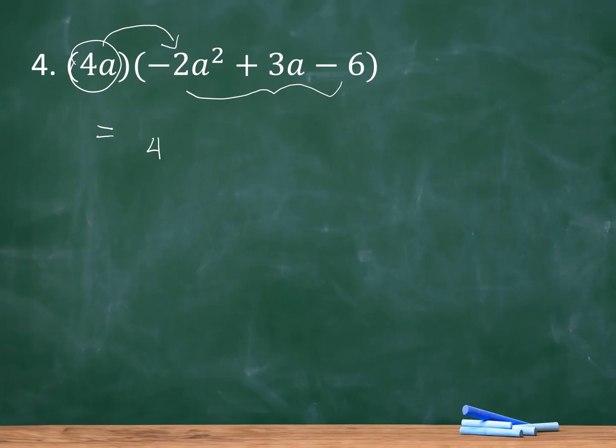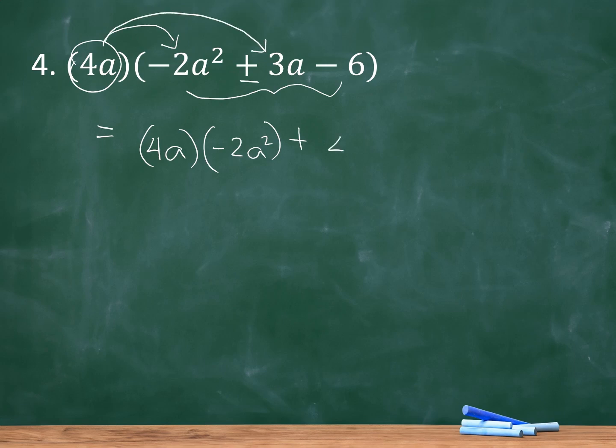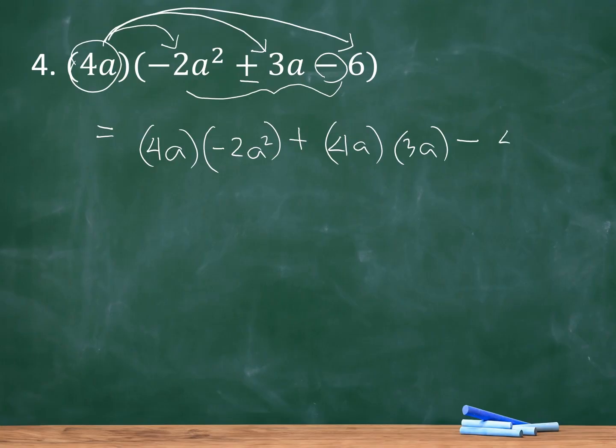So let's write here 4a times negative 2a squared, and then we have plus 4a times 3a. Let's write here 4a times 3a, and this time we have a minus. So let's write here minus, and then 4a times 6.